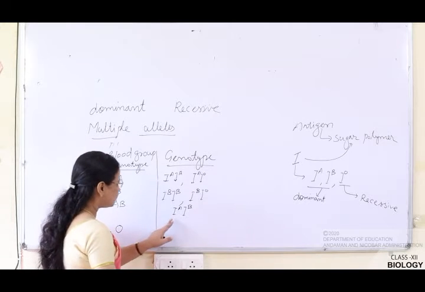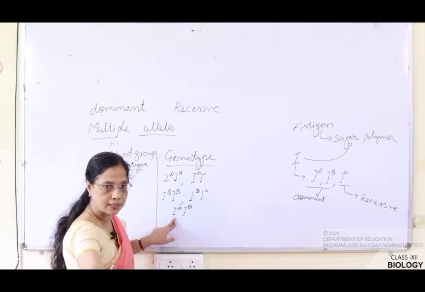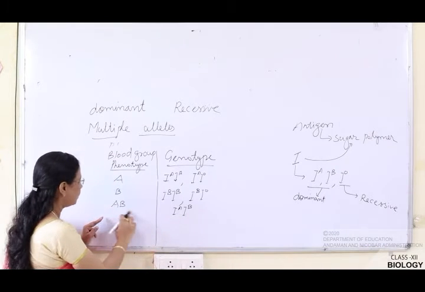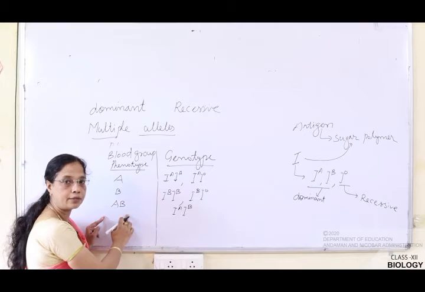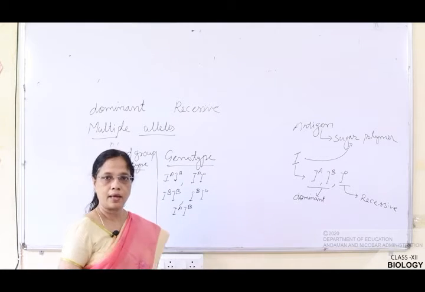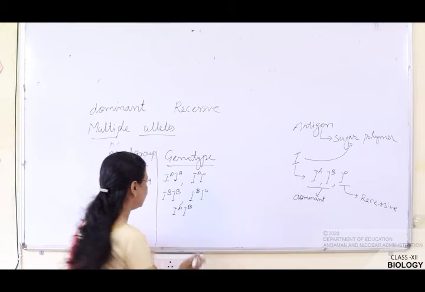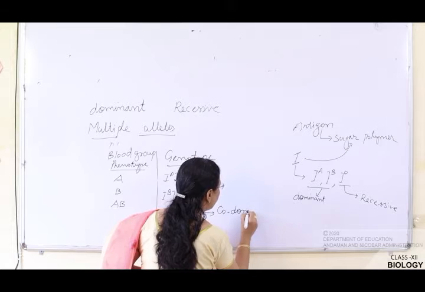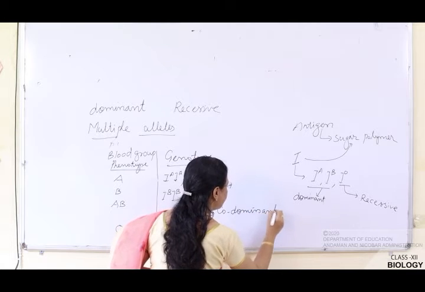So A is able to express its character and B is able to express its character. That is why they are forming an AB blood group. As they are expressing together, we call it a co-dominant gene.